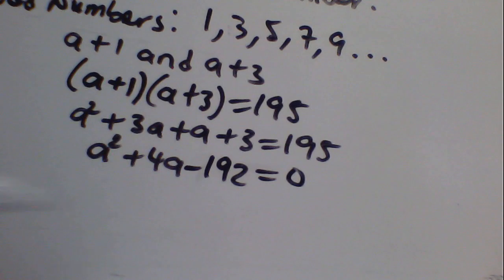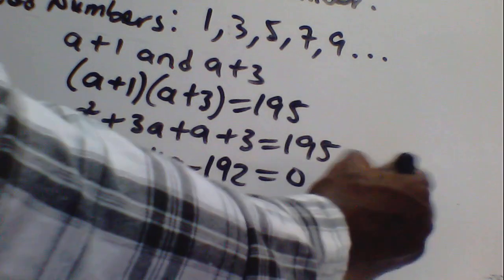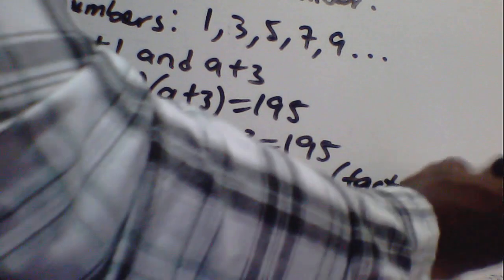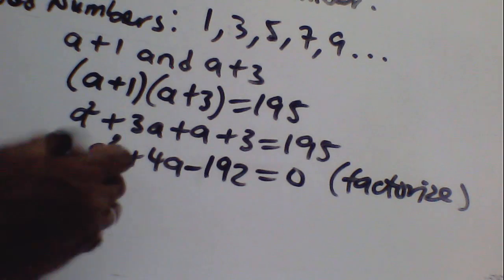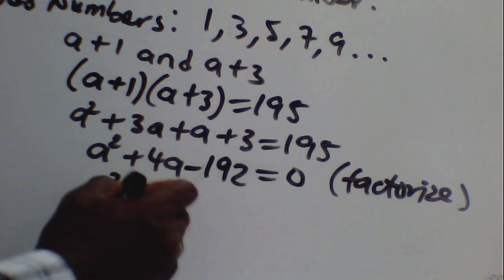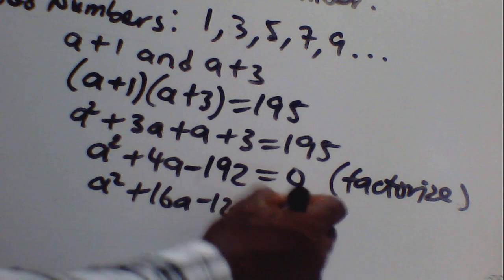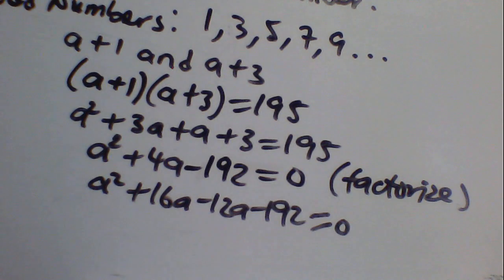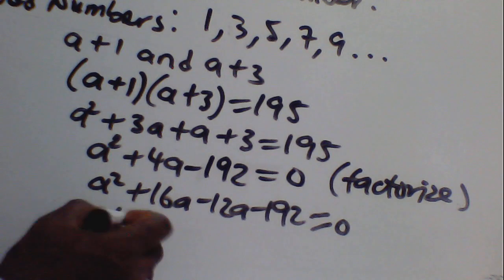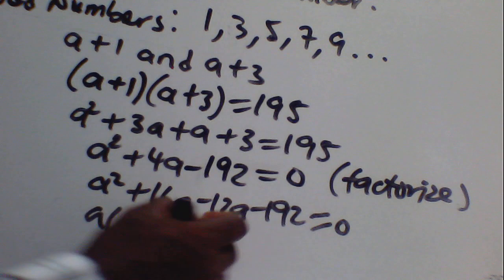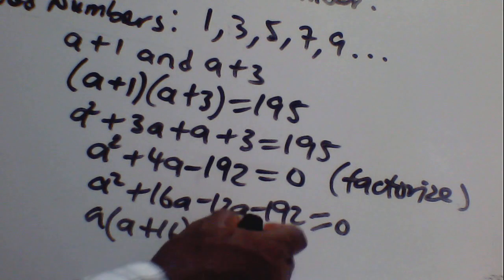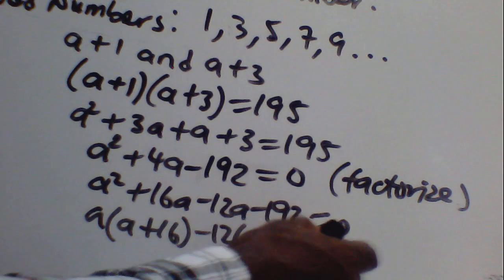So you have to factorize this equation. Factorize here. You have A squared plus 16A minus 12A minus 192 is equal to 0. So we have A common. You have A plus 16 minus 12 in brackets, A plus 16 will give us 0.